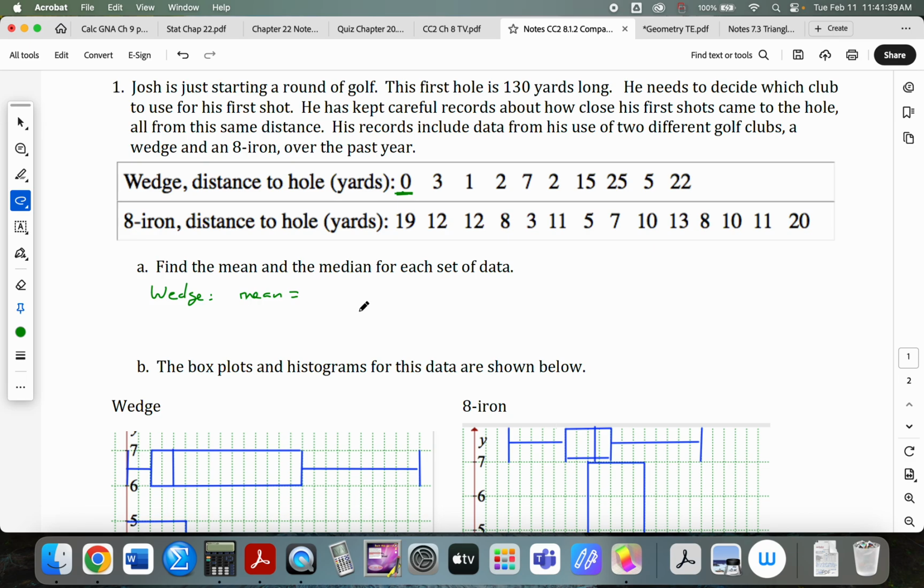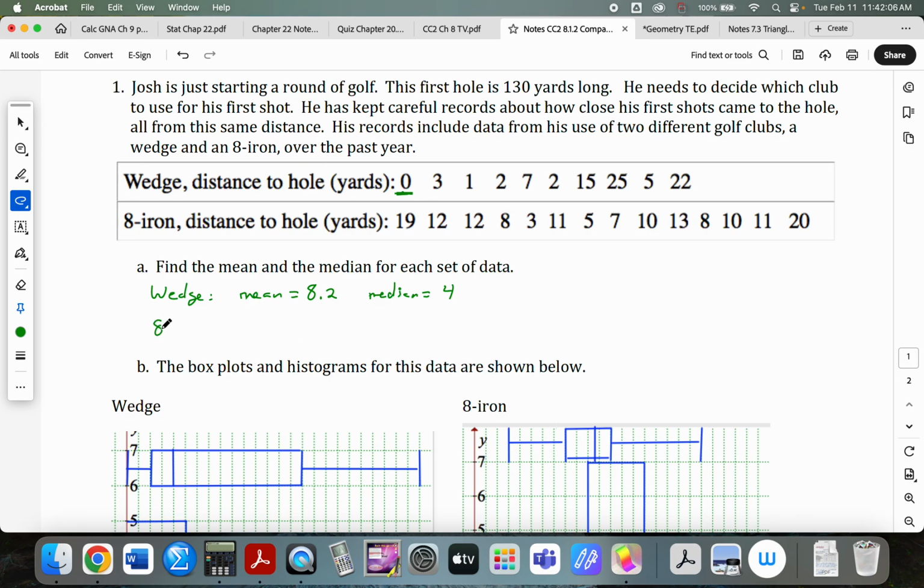Okay, well, I'm going to assume since almost everyone got 8.2 that there was a small problem with yours. What about the median? 4? Do I have some agreement on that? Yes? Okay, so that's for the wedge.